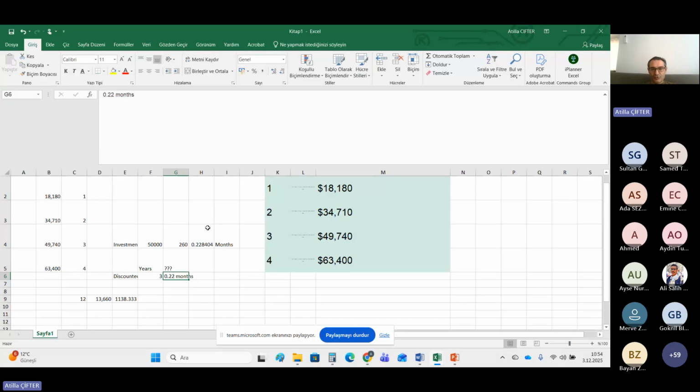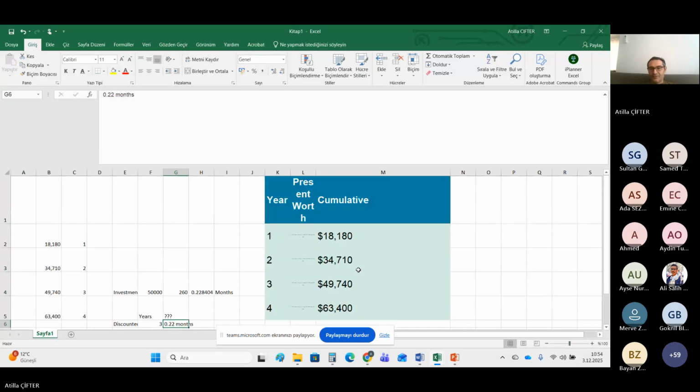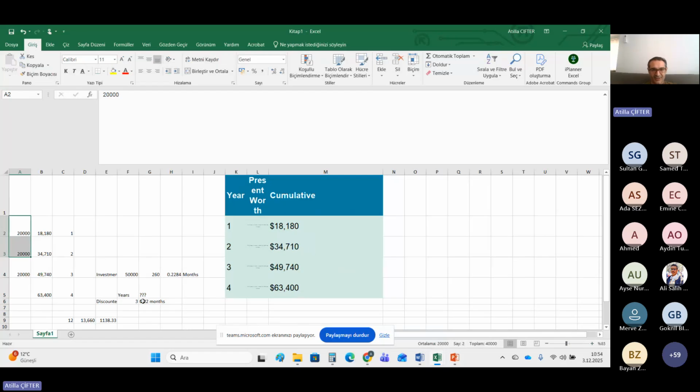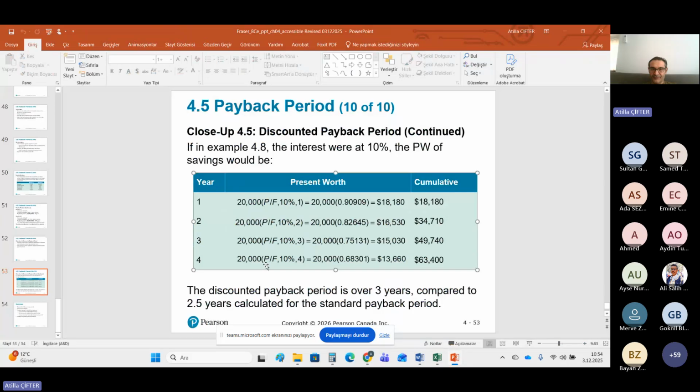Okay, but when you use, for instance, the regular payback period, you would say $20,000 and $20,000. You would say 2.5 years this project will cover. But actually it covers with 3.22 years, okay, rather than 2.5 years.